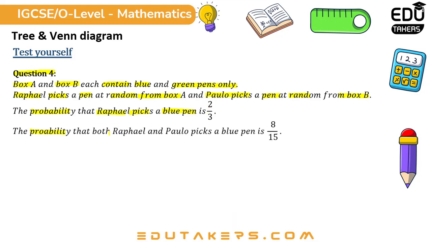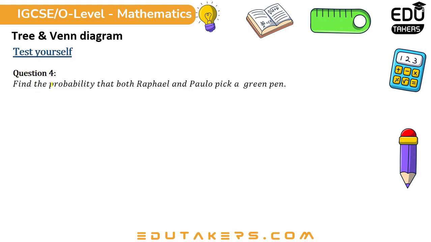The probability that both Raphael and Paulo pick a blue pen is 8/15. Find the probability that Paulo picks a blue pen. It's a 2 mark question. Find the probability that both Raphael and Paulo pick a green pen. It's a 3 mark question.